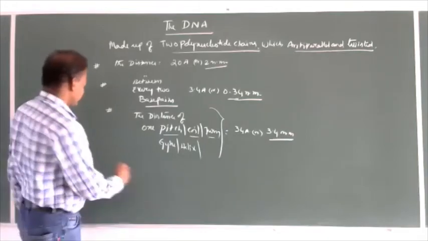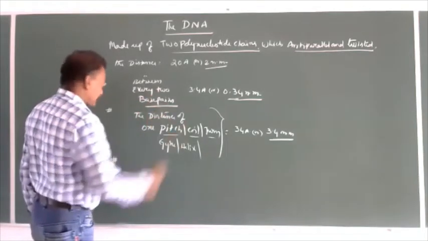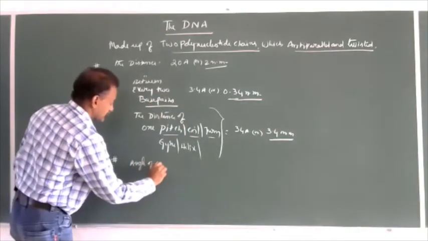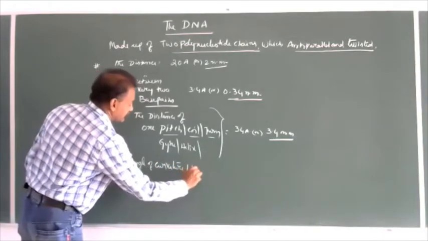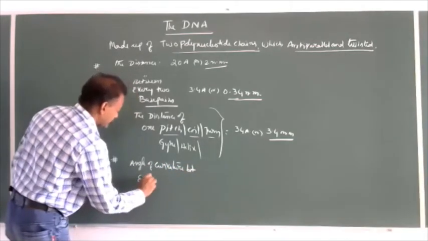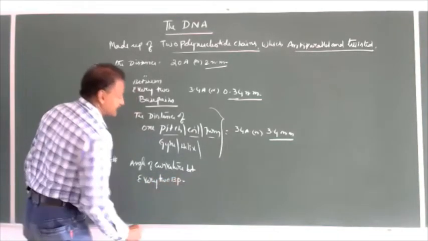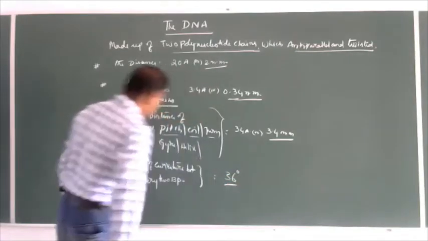And the angle of curvature between every two base pairs is 36 degrees.